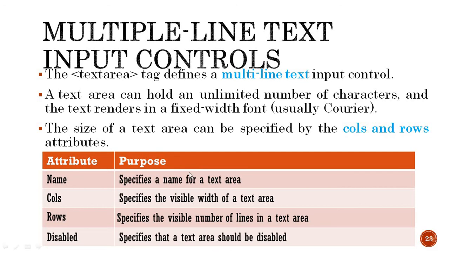For sizing we use the cols and rows attributes. Here are some attributes. One is name. Cols defines the width. Rows defines the number of lines in a text area. Disabled specifies that the text area should be disabled. If you want to disable that particular text area, you can do this with this attribute.